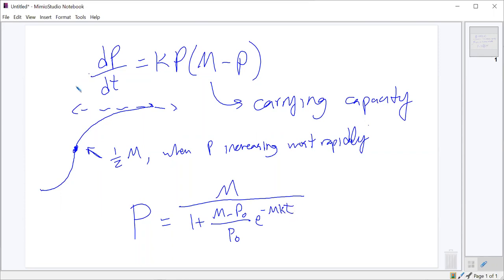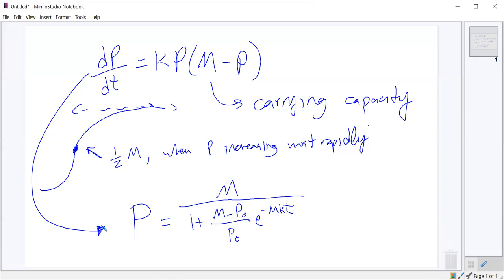So this is 100% of the time the solution to a logistic differential equation, always. Good? That's something you should definitely know.